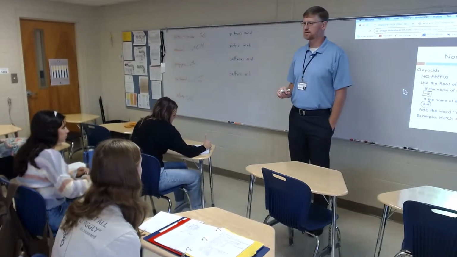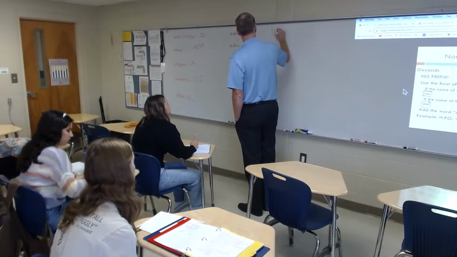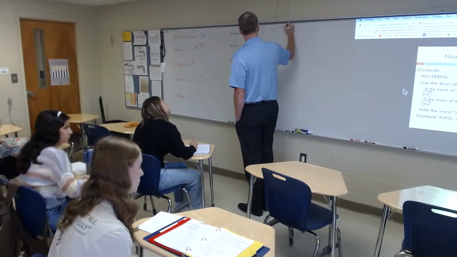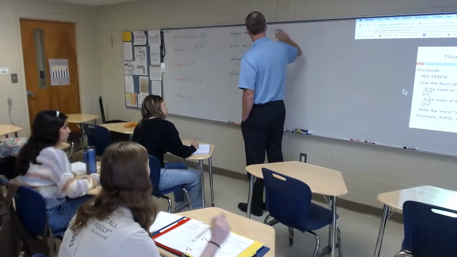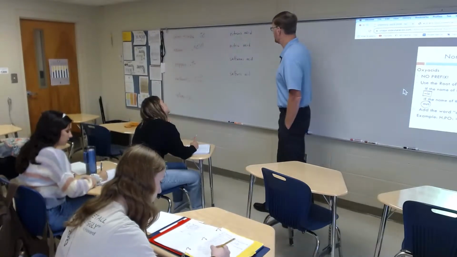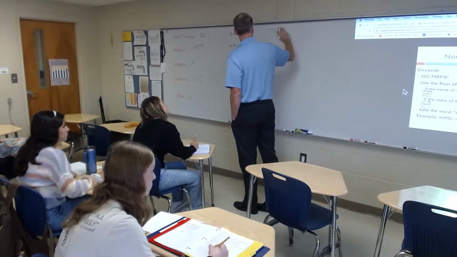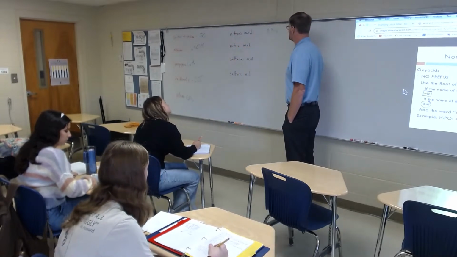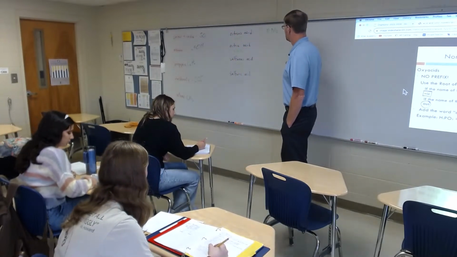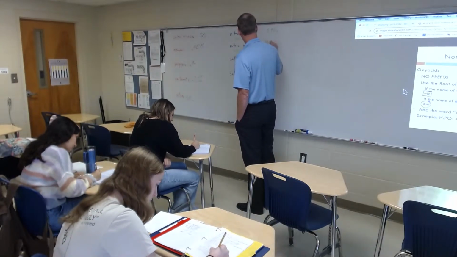What's the formula for nitrite? Sorry, I got nitrite. NO2, 1 minus, right? Okay. So nitrous acid is HNO2. Nitric acid is HNO3.